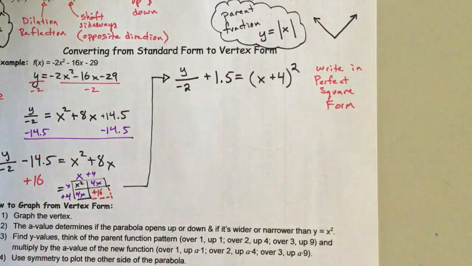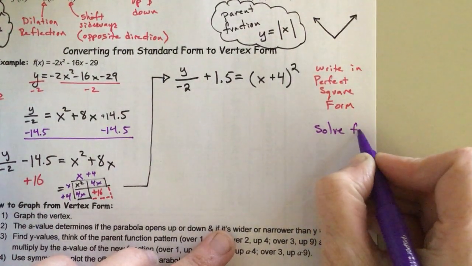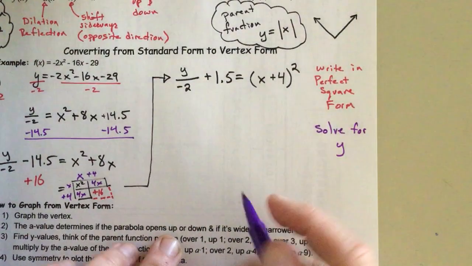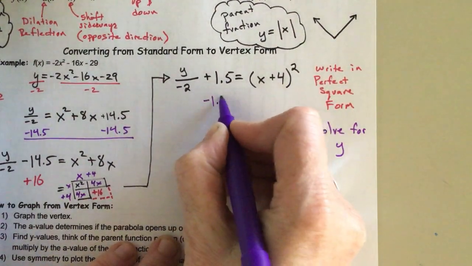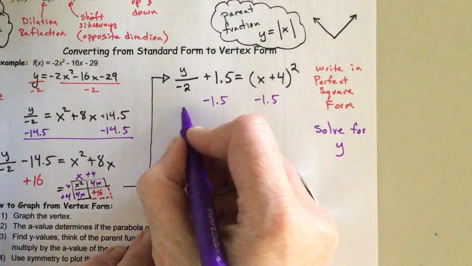So now we want to get y by itself, so we're going to solve for y is our last step. Solve for y, because we wanted to say y equals something. So I'm going to subtract 1.5 from both sides, like that.